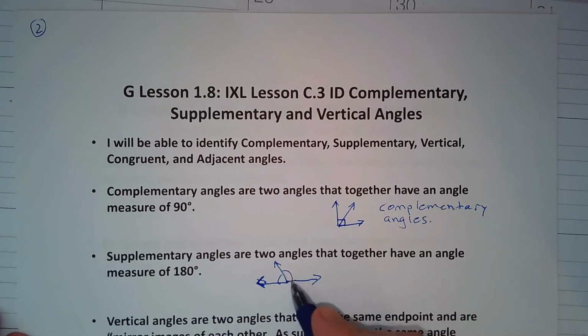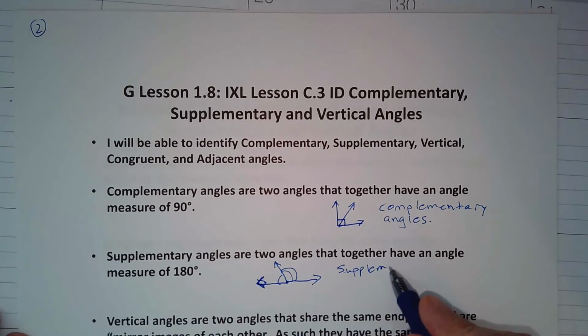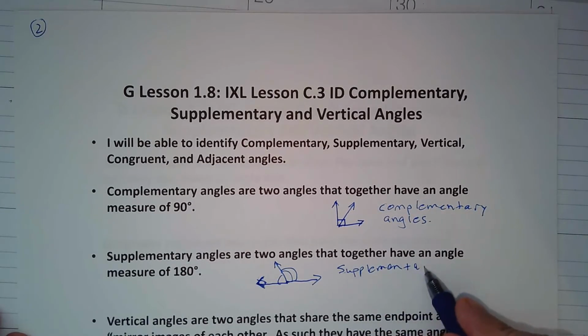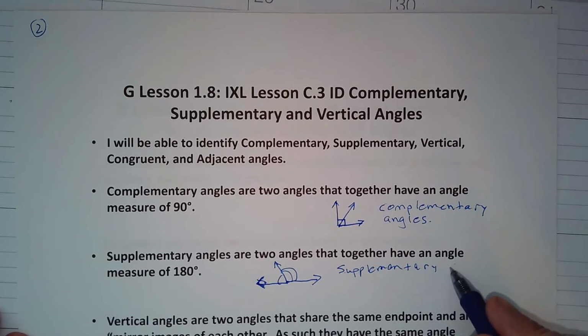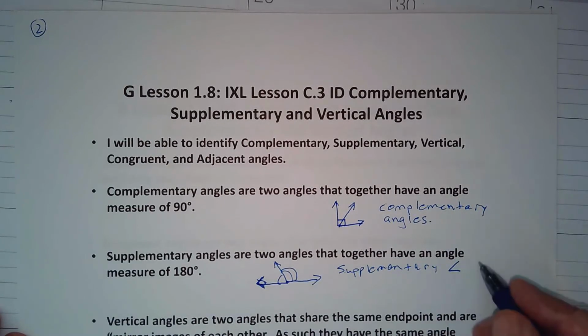So here these two angles are supplementary angles. Now I'm going to use something that's notation. This is angle notation. And that means angle.